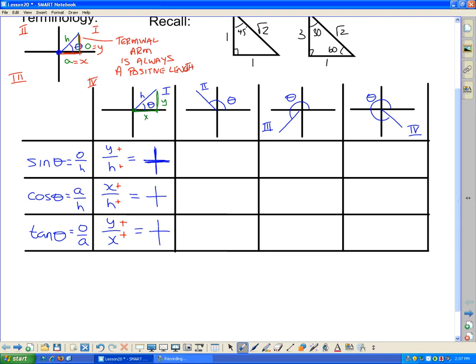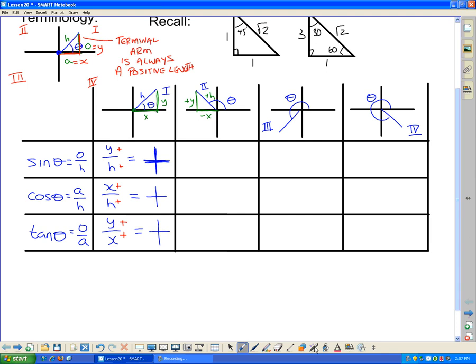In quadrant 2, making my triangle from the origin, this is what my triangle looks like. My x value will be negative because I'm going down the negative x-axis. However, my y value will still be positive. The hypotenuse always remains positive.